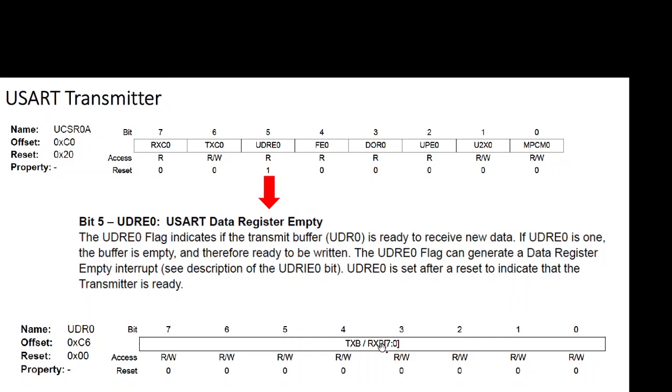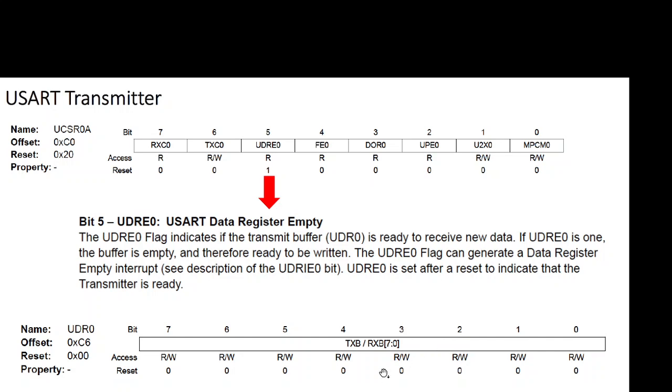Because we will keep on writing to this register, and this register will push the data out, but we don't know if everything has been pushed out. If everything has not yet been pushed out, we should not be rewriting onto this register, because that will damage whatever is in this register which is waiting to be transmitted.